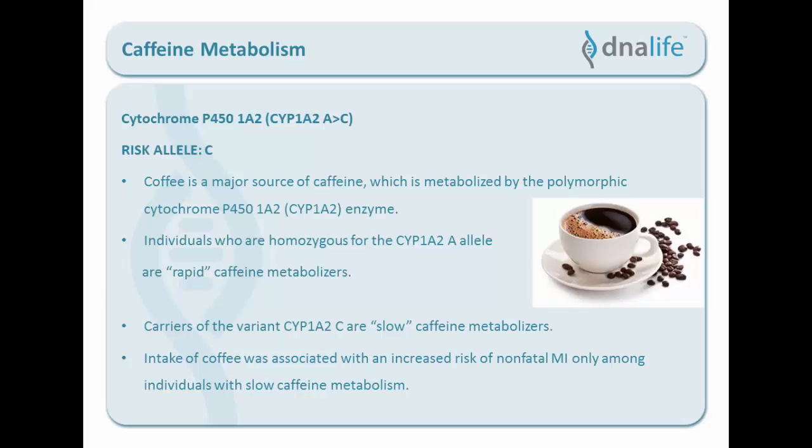So in these individuals, when you see the C allele come up, it is important to decrease or actually try to cut out caffeine intake in the diet. And that includes your coffee as well as other caffeinated beverages such as a lot of your energy drinks.